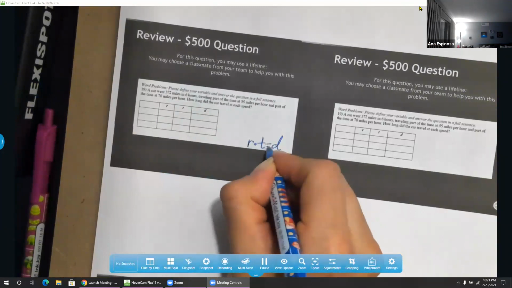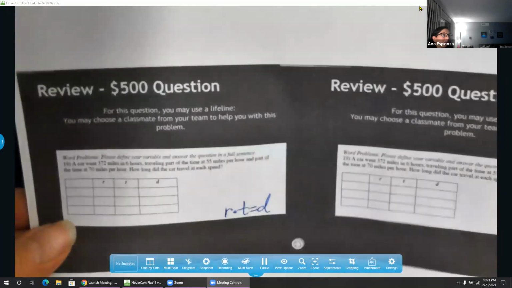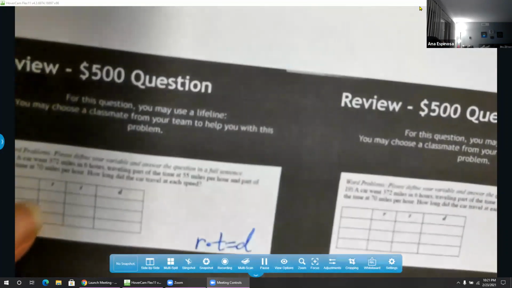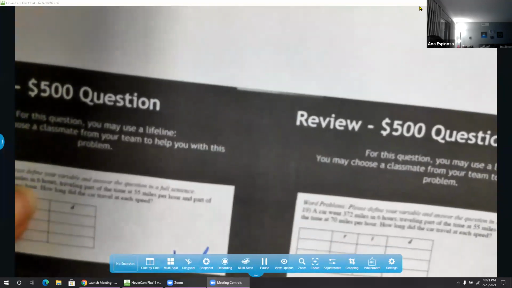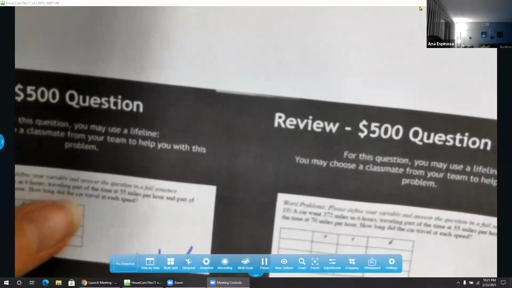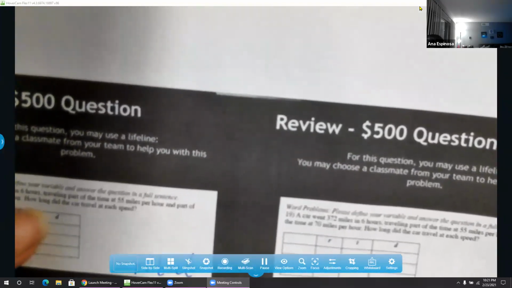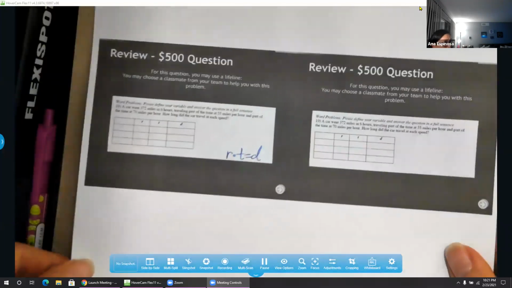Rate times time equals distance. It says, a car went 372 miles in 6 hours, traveling part of the time at 55 miles per hour and part of the time at 70 miles per hour. How long did the car travel at each speed?